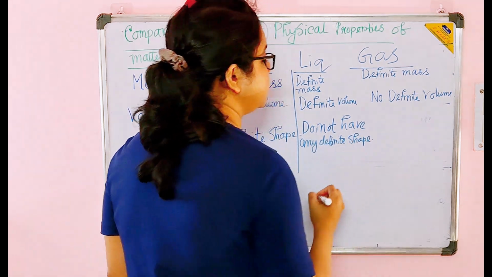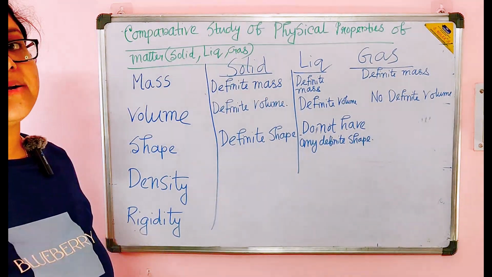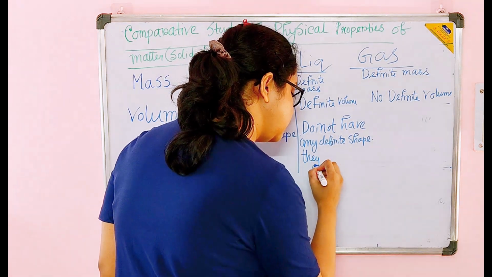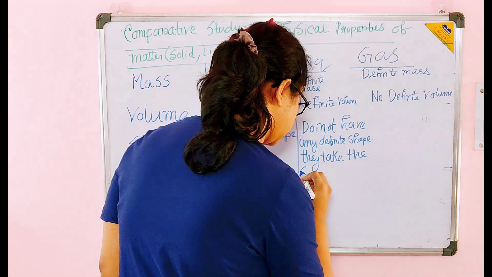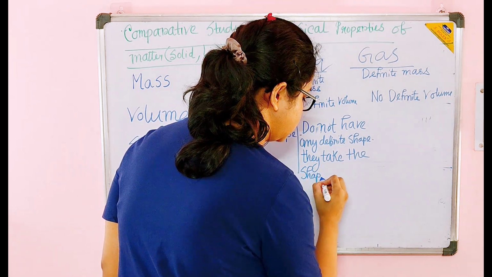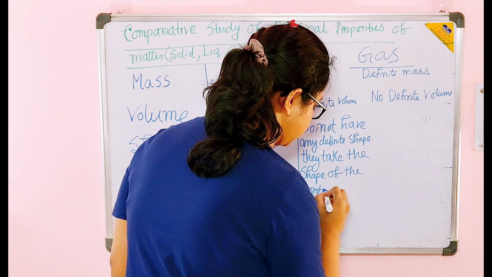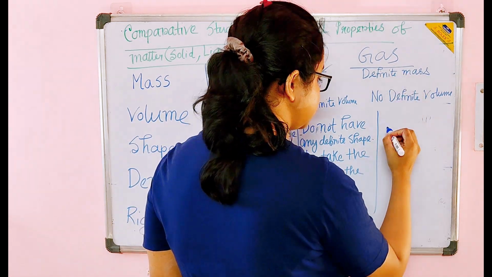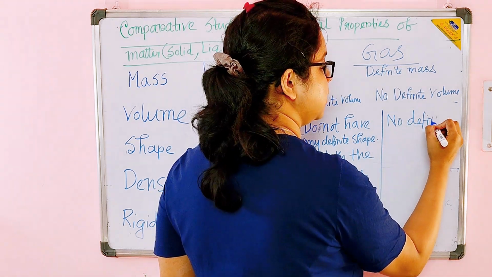They occupy the shape of the container, that means they take the shape of the container. And gases do not have any definite shape. Clear?